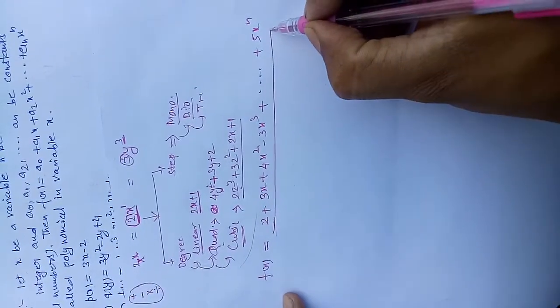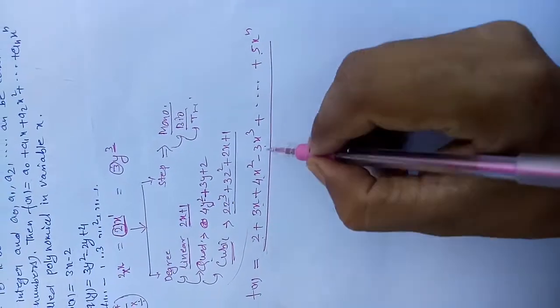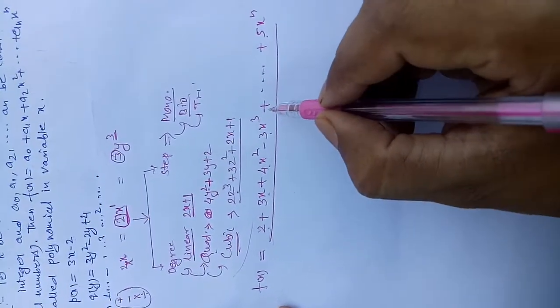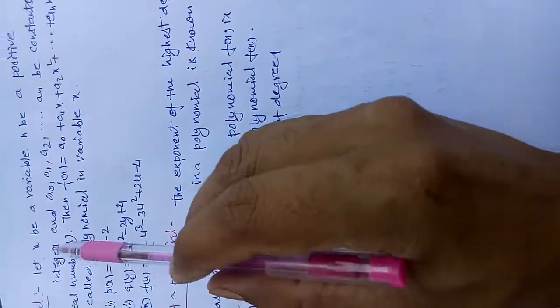So this is a polynomial where 2, 3, 4, minus 3, 5 all are real numbers and the exponent of the variable should be positive.